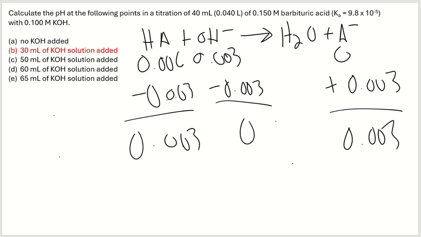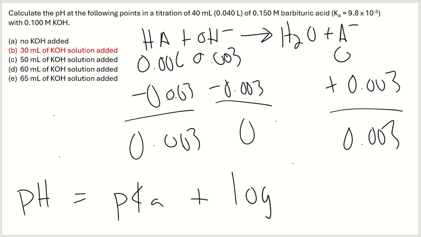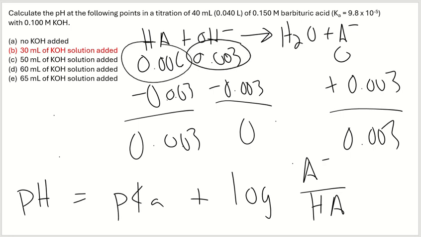And we can plug this into our Henderson-Hasselbalch equation, in which pH equals pKa plus the log of A minus over HA. This point is called halfway to the equivalence point because we added half the amount of base as we have acid.